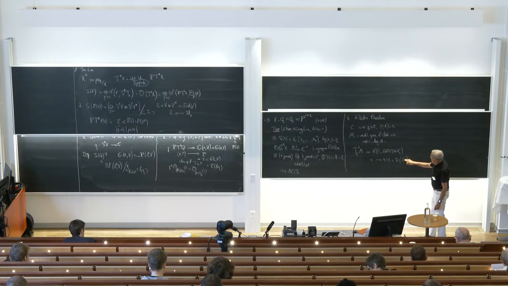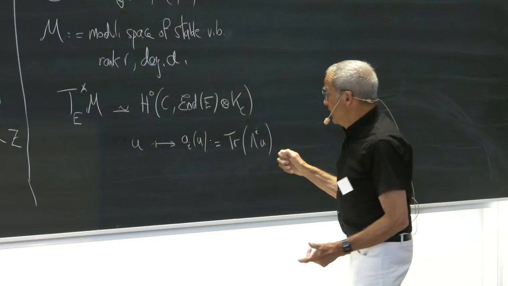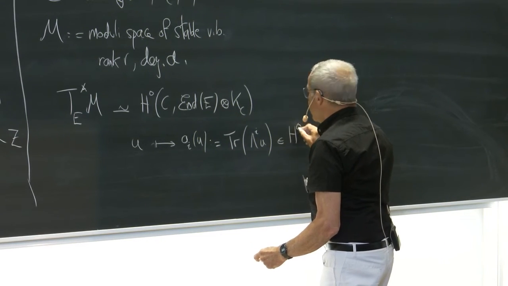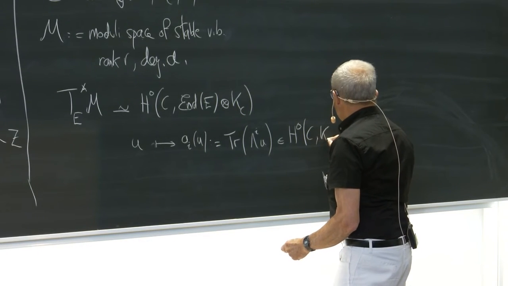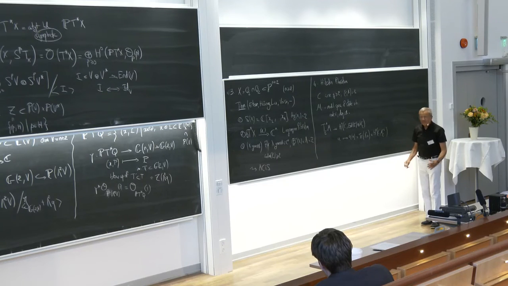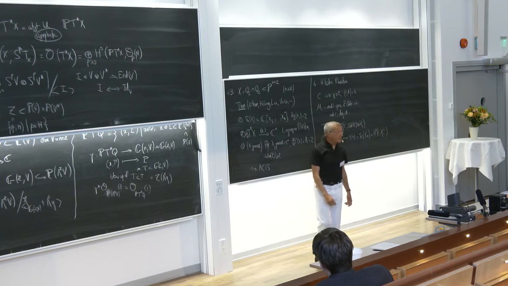Wedge i of u will be an endomorphism of wedge i of E, and you take the trace. Now, because of the K here, this is not a scalar, but this lives in H naught of C, K_C to the i. And then you take the collection of all these coefficients.